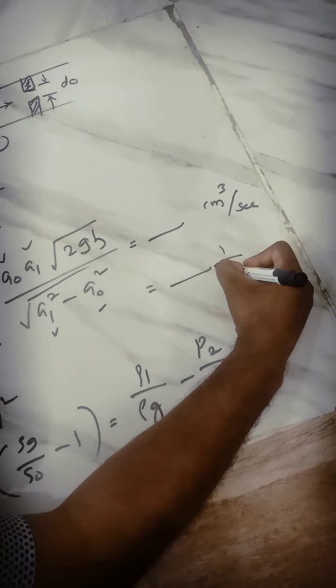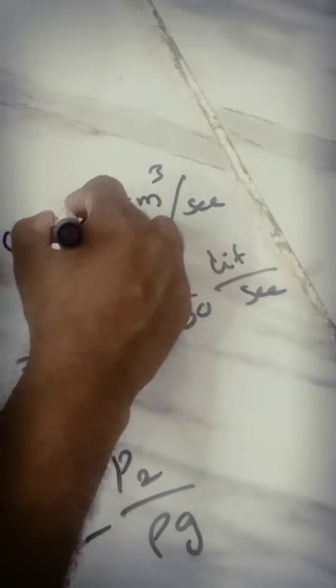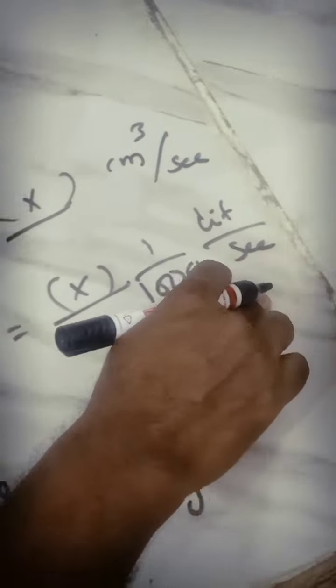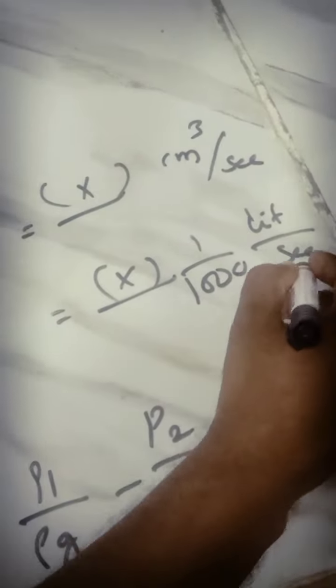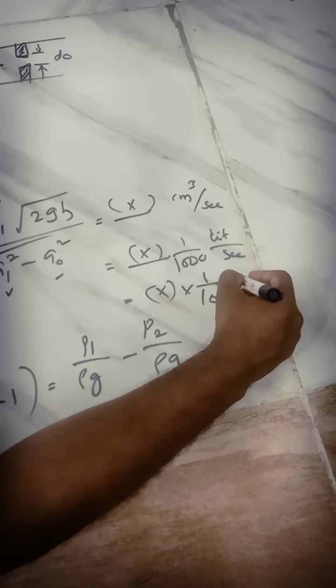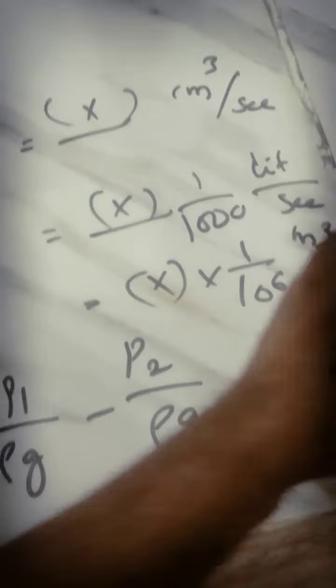That is 1 by 1000 liters per second. The value you got, x for example, that x into 1 by 1000 liters per second. Right, this is liters per second. Or if you want to calculate meter cube per second, the x value into 1 by 10 power 6 meter cube per second.